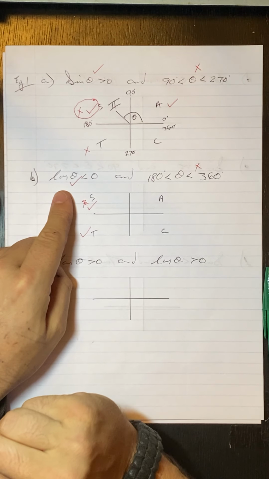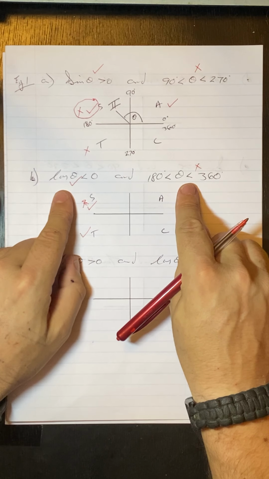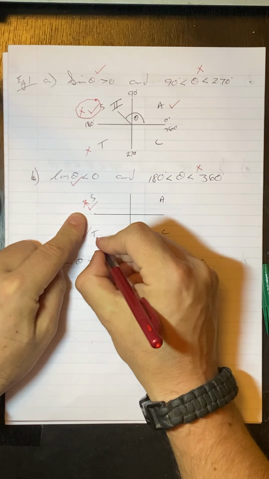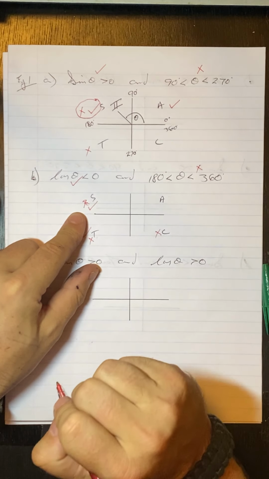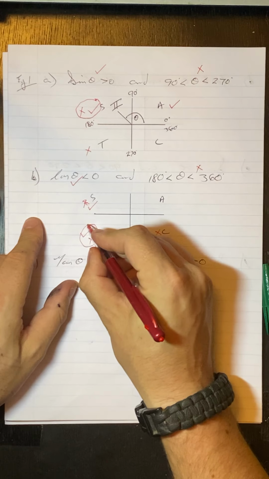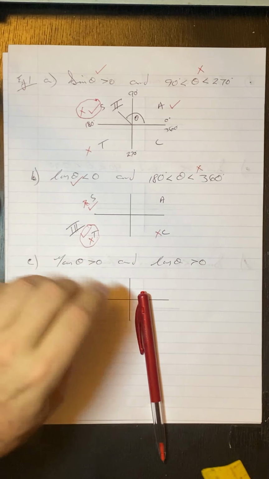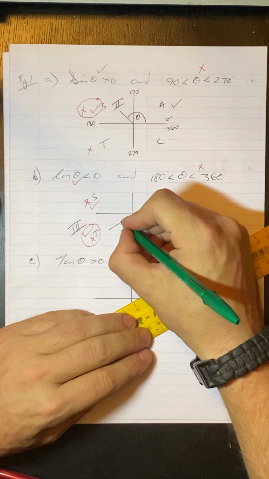Then this one here is saying between 180 and 360. So there's our 180, and I'll mark this with an X, and 360, mark that with an X. Where do they both agree? In the third quadrant. So I can draw my little arm with my angle.